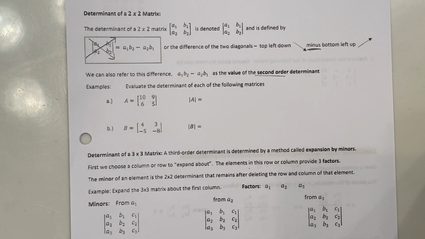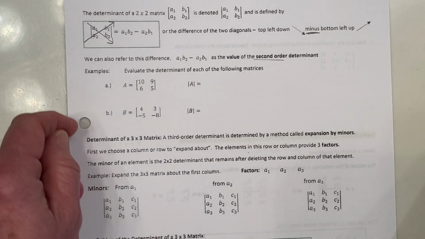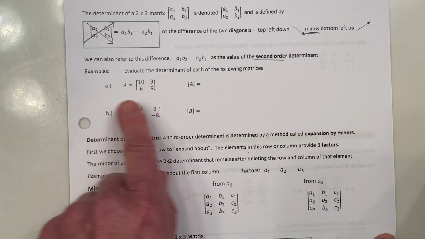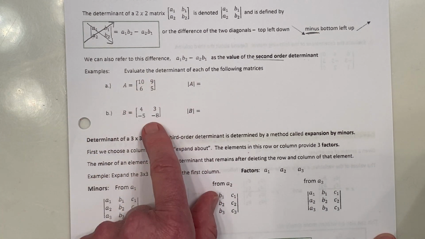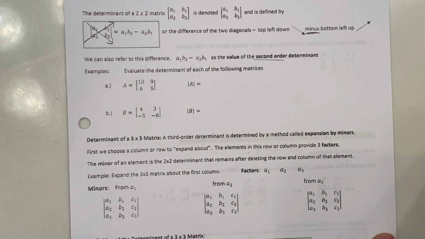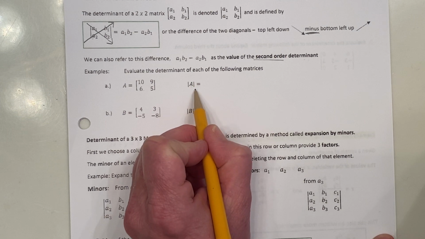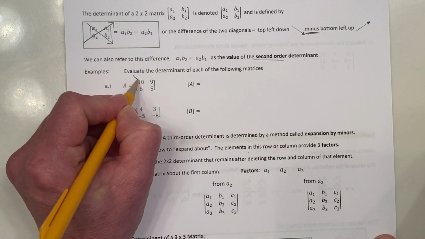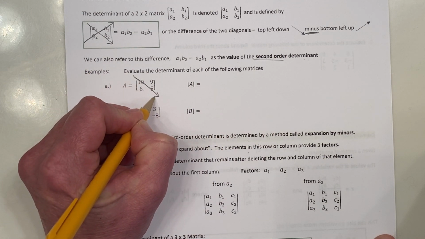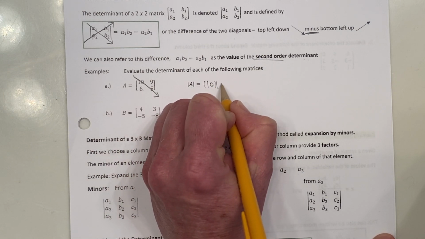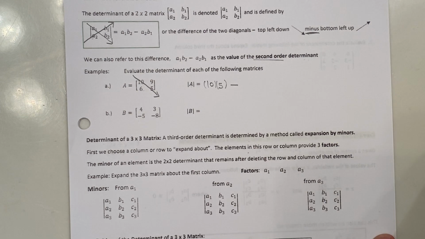Now let's get to some examples of finding determinants. So we have two examples here, A and B. We have square matrices in both of these, uppercase A and uppercase B. So this notation tells us, given this matrix with the absolute value bars around, we want to start from the upper left and go down. So we're going to take 10 and multiply it by 5 and then immediately put a minus.